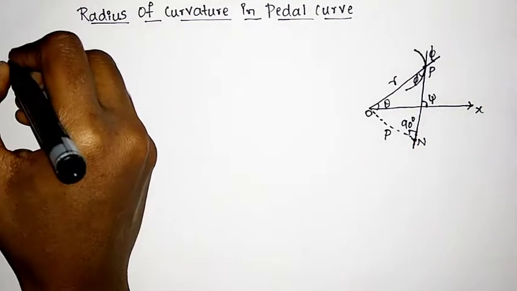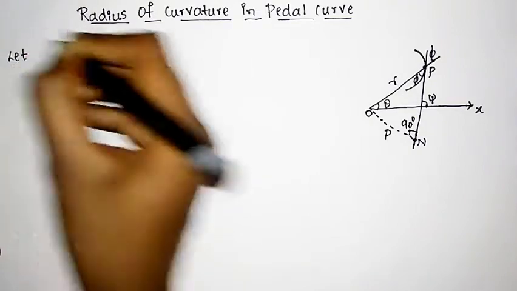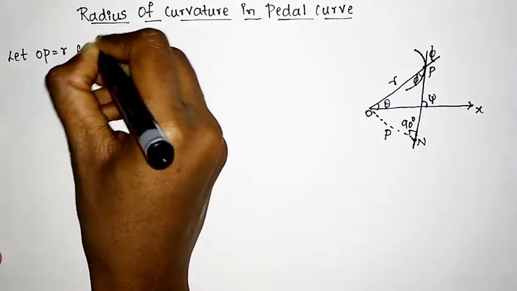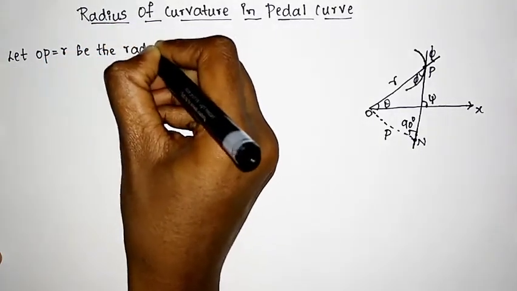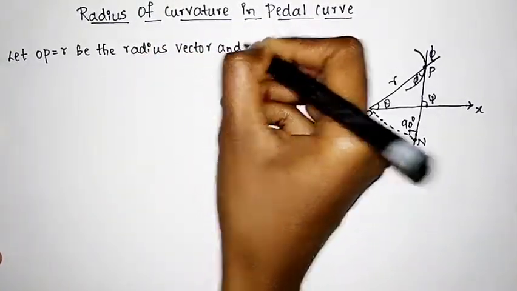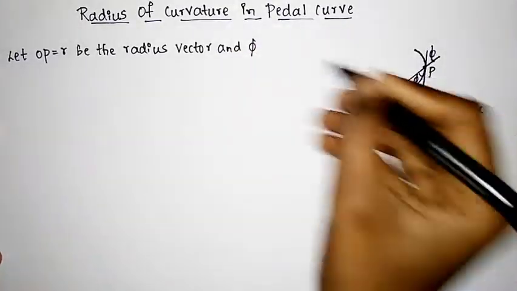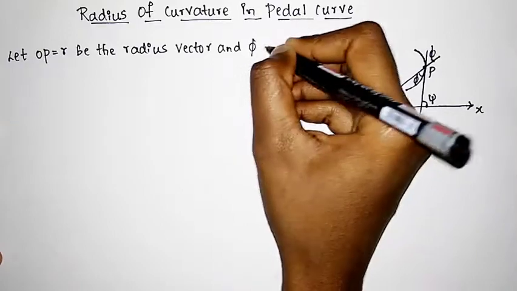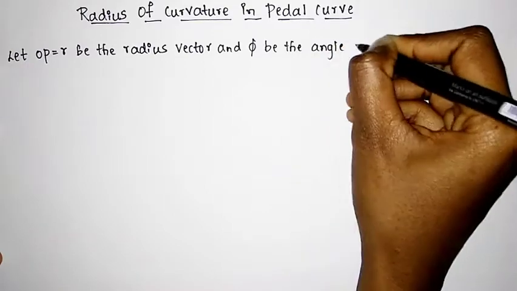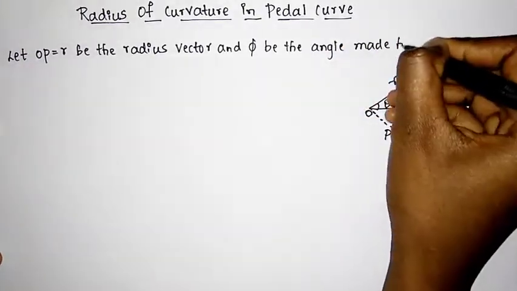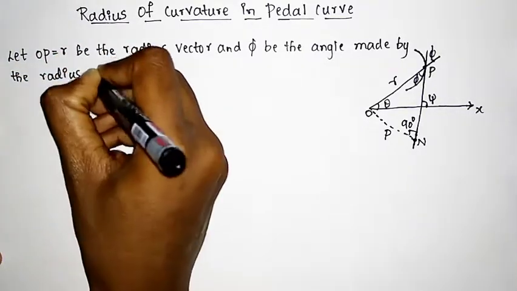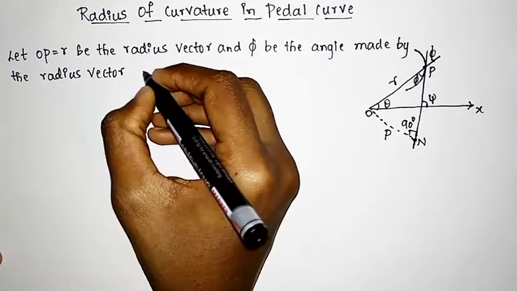Now we shall define everything. Initially, let OP equal r be the radius vector, and phi be the angle made by the radius vector with the tangent.